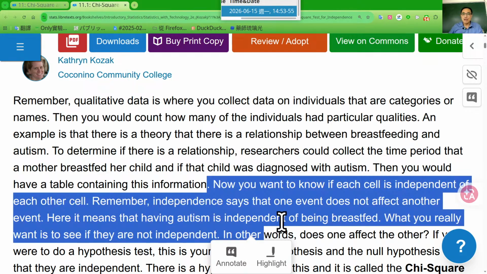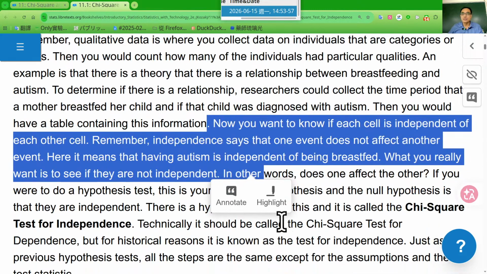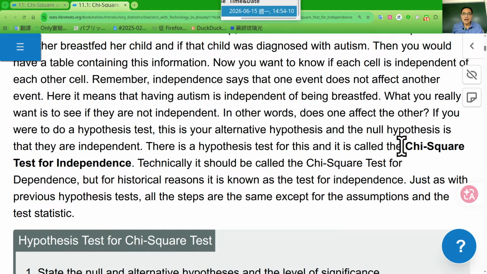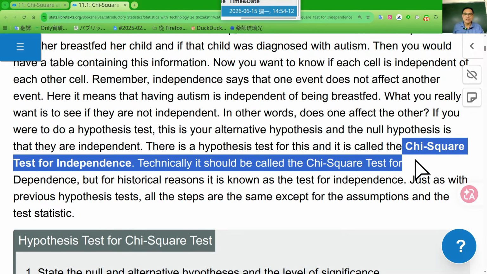Now you want to know whether the variables are independent of each other. Remember, independence means that one event does not affect another event. Now we can run this test, which we call the chi-square test for independence.